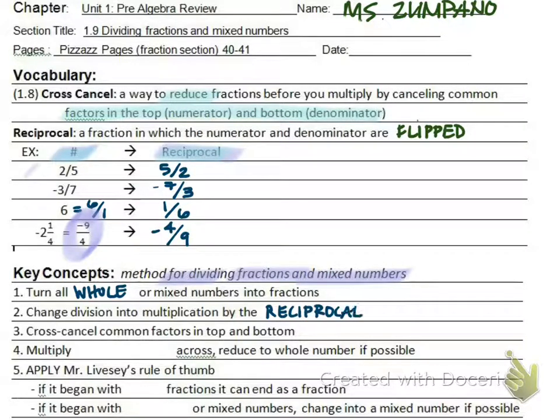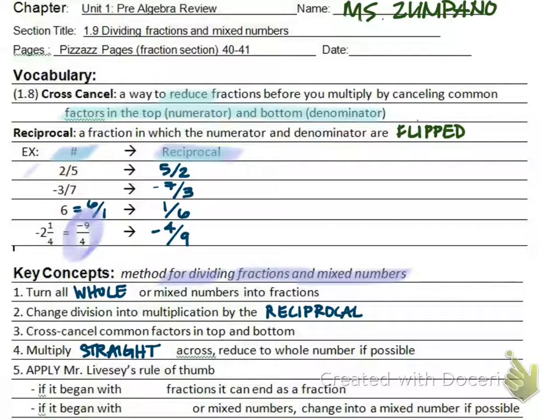We can't just change division to multiplication, but what we can do with fractions is change division into multiplication if we take the reciprocal of the second fraction. We'll show you what this looks like in the examples once we finish all these steps. Number 3 is to cross cancel common factors in the top and bottom. And number 4 is to multiply straight across and reduce to a whole number if possible.